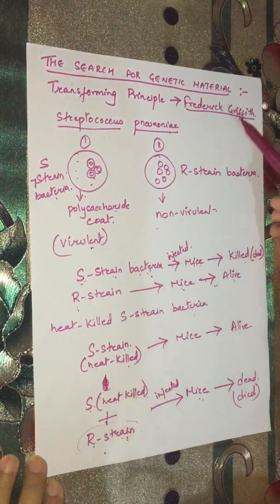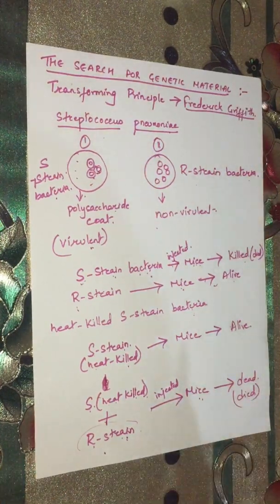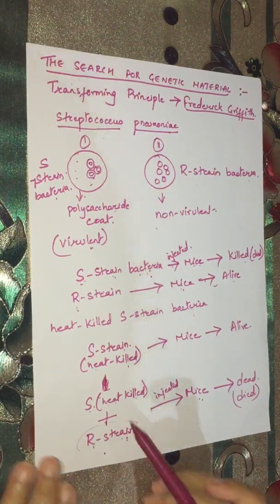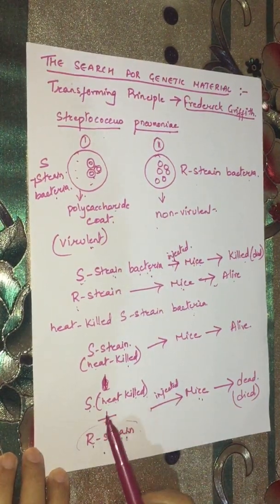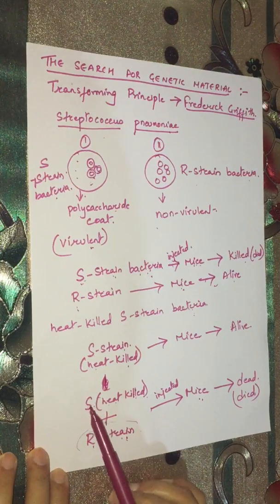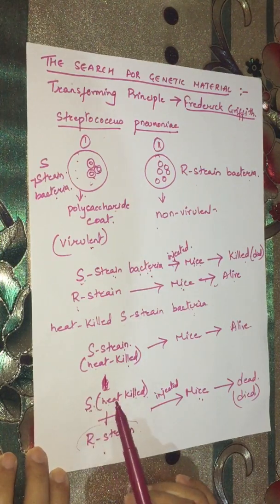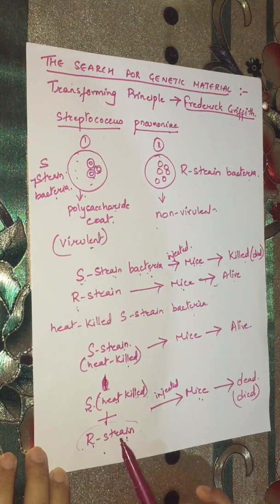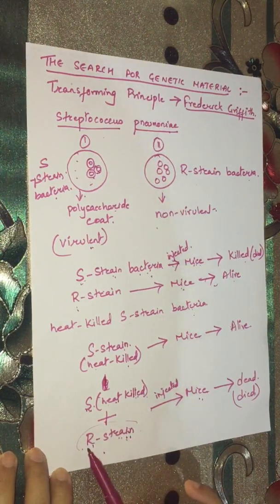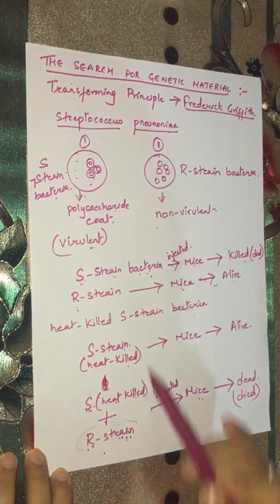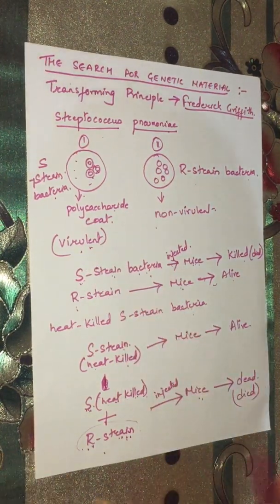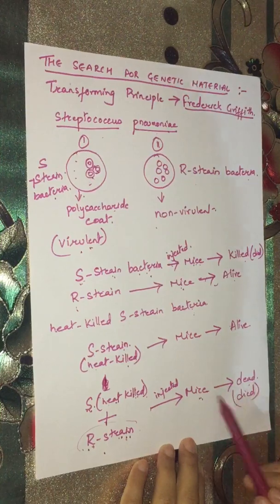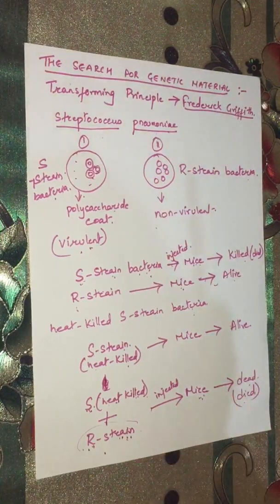This Griffith concluded that something must have been transferred from this dead heat killed S strain bacteria into the cell of R strain bacteria, which made this R strain bacteria virulent, so that the mice died when it was injected.